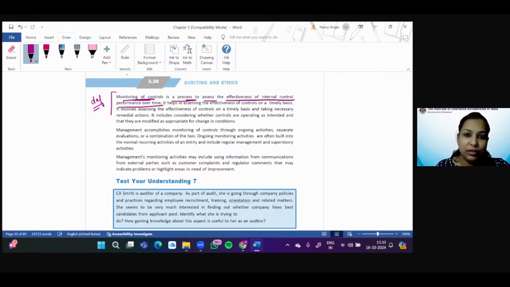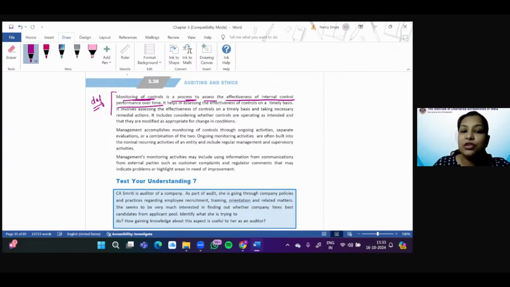See, monitoring is required. Whenever I discuss the next chapter with you, I always ask whether you are aware of the earlier concepts or not, in order to see whether you are actually following what I told you in the very first session, that you need to revise. So I'm monitoring it now to see whether whatever I told you in the very first session has been effectively followed by you.